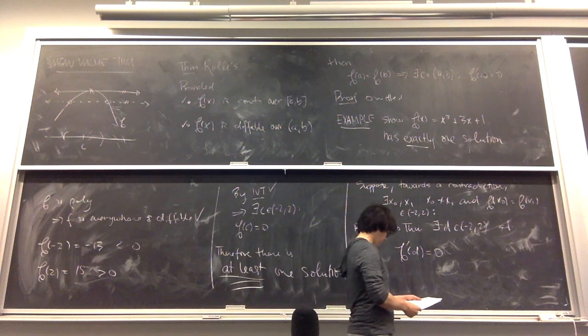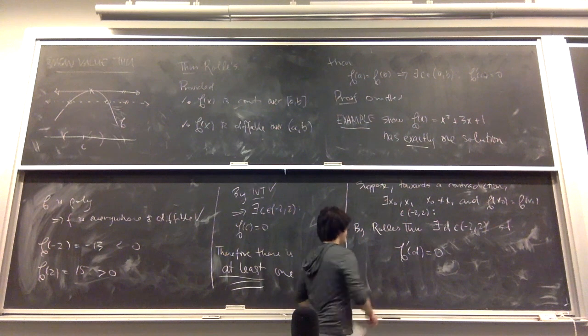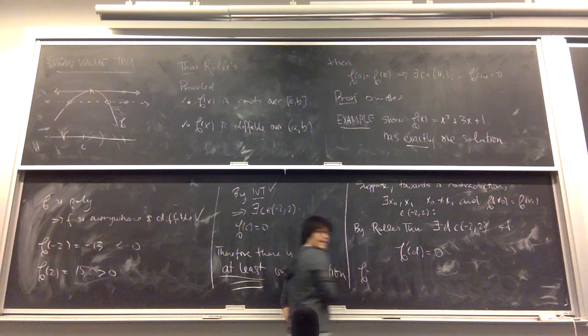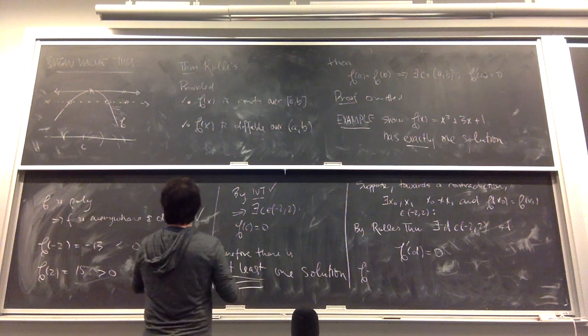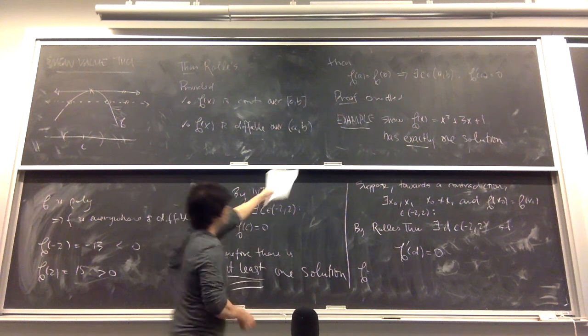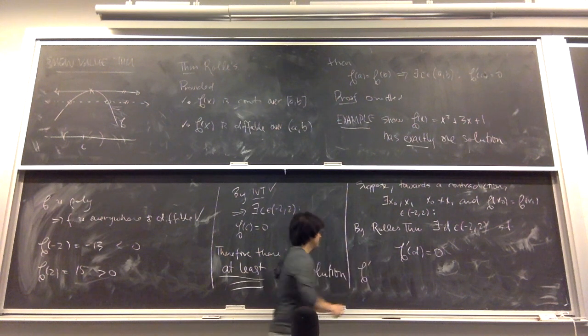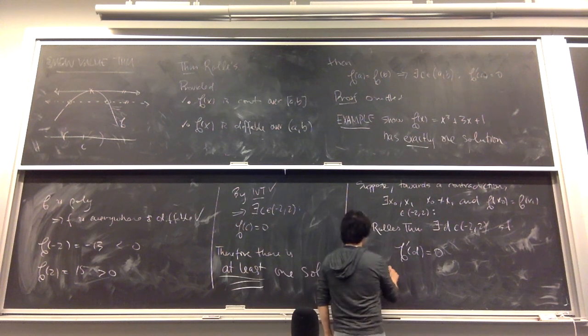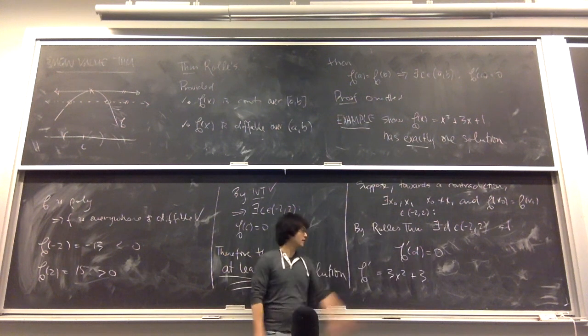But what is it geometrically? A horizontal line. Well, what's f in this case? Namely, what is f prime? 3x squared plus 2. What is this saying?